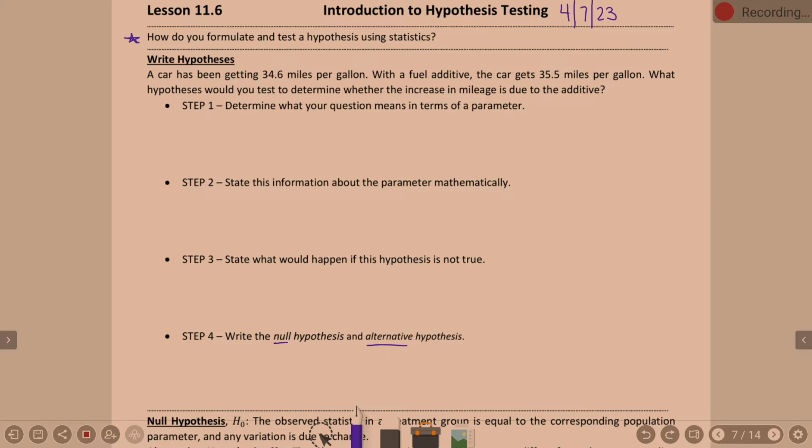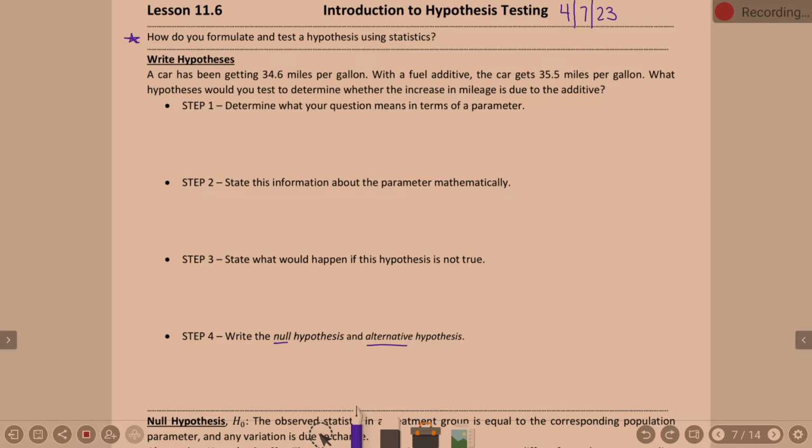What are we going to test to determine whether the increase in mileage is due to the additive? So what is the claim here? The claim here is that with this fuel additive, the car is getting better gas mileage, right? More miles per gallon.